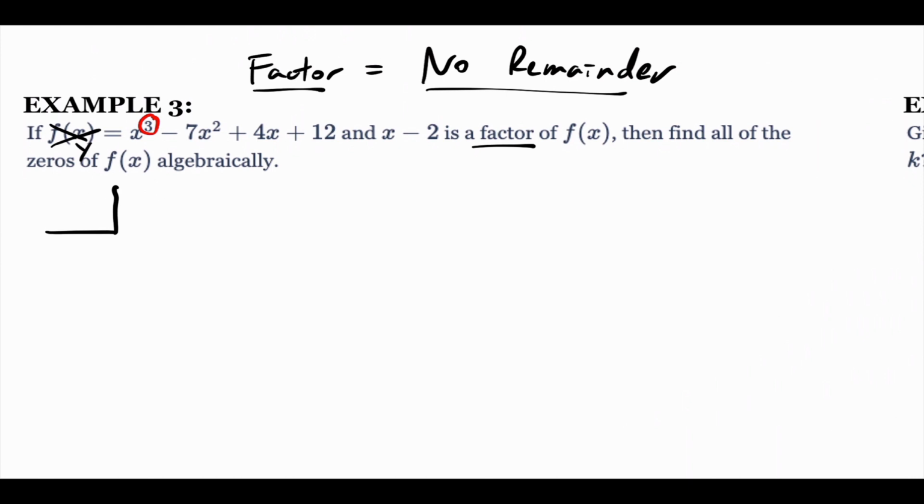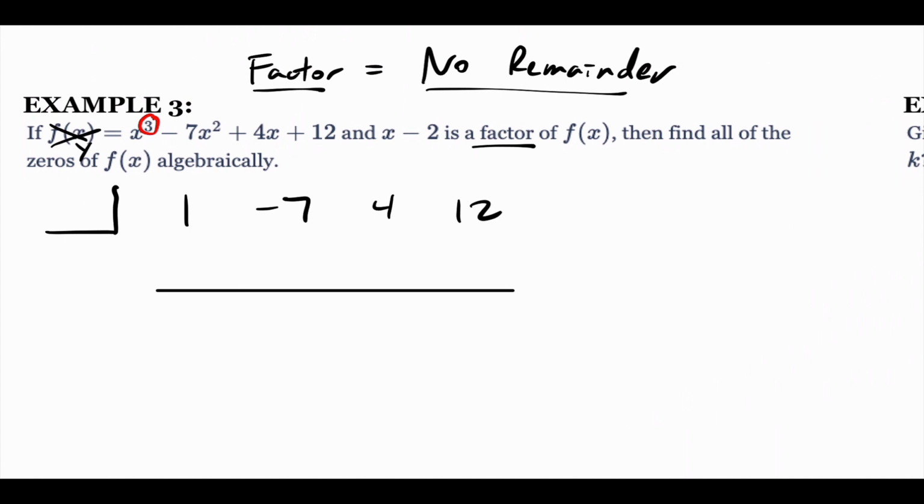So I have 1x to the third, negative 7x squared, positive 4x, positive 12. What number should go in the house?